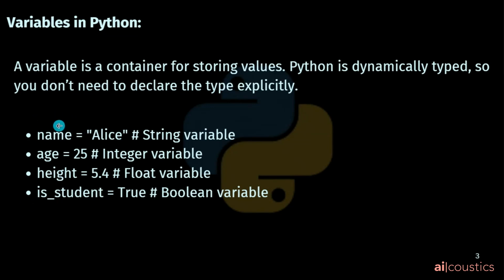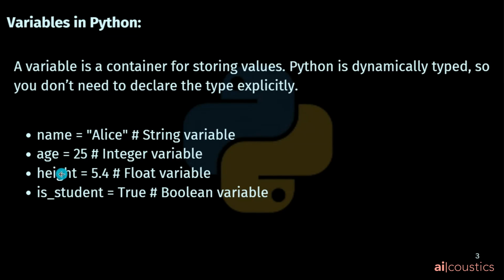Now I have an example for a variable declaration. I have given name equals "Alice". Whatever word you give inside double quotes is your string variable. And here I have given age, age is 25. So the numbers, this is your integer variable.